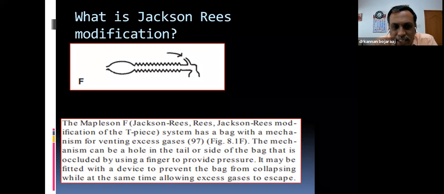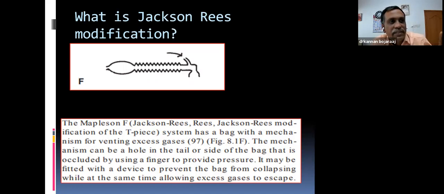By partially occluding the reservoir bag during controlled ventilation, you can create a CPAP effect on the patient. The CPAP effect is the most important and expected thing in pediatric ventilation, because it is the only procedure that will increase the FRC of the patient.